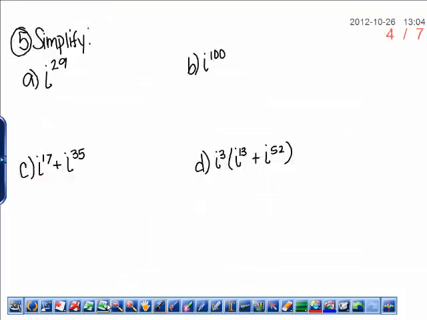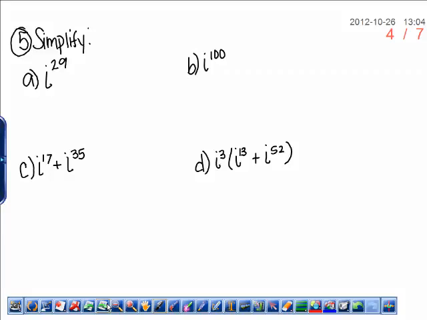Let's simplify i to the 29th. Our plan of action when we have ones like this: we're going to look at our exponent. We're going to find the highest multiple of 4 that is smaller than our exponent.